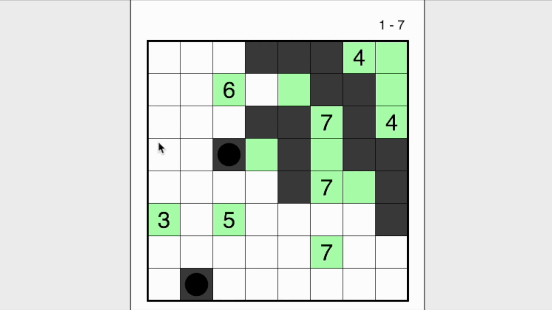What are some other things that jump out at me? The 3 and the 5 here have to be different regions, so the snake has to go in between them, which means it's got to go up and down, and we've actually connected it to one end. So we can mark these cells as not having the snake in them because it's going up at this point.